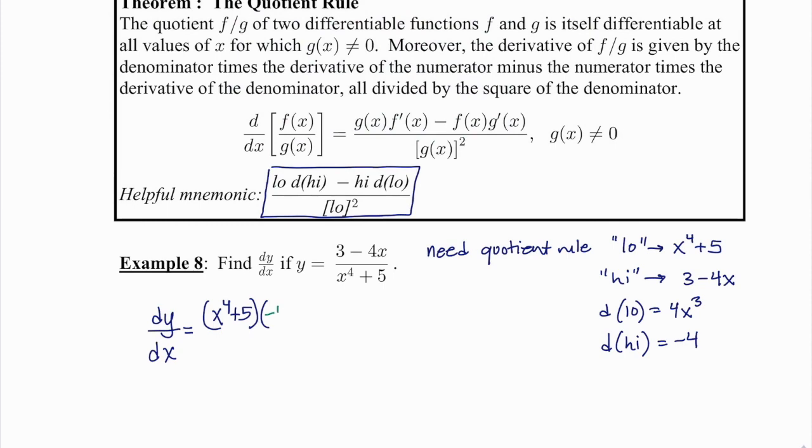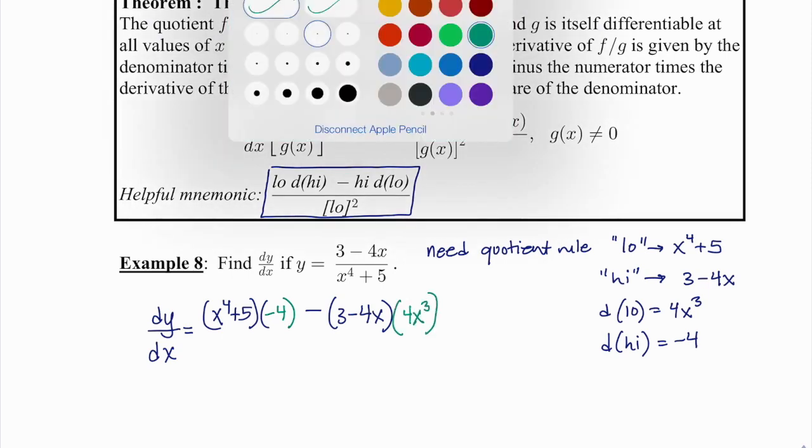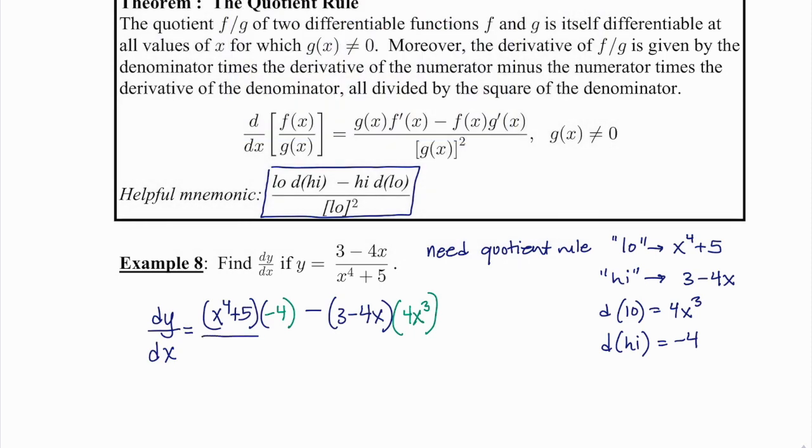I'll try to remember to be consistent with writing my derivatives in a different color, minus high d low divided by low squared. So the denominator here, we don't do the derivative of the denominator, we just take the original denominator and we square it. So let's spend a little time cleaning that up.